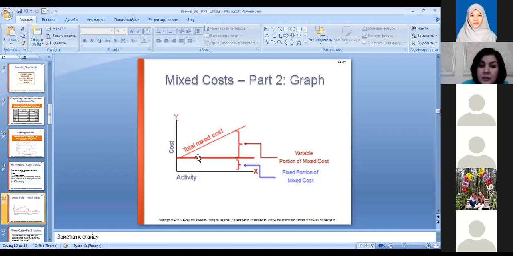When we divide rise over run, this is the slope of the line. You see the slope, the tangent of this angle. It is represented by B, and it is the variable cost per unit.